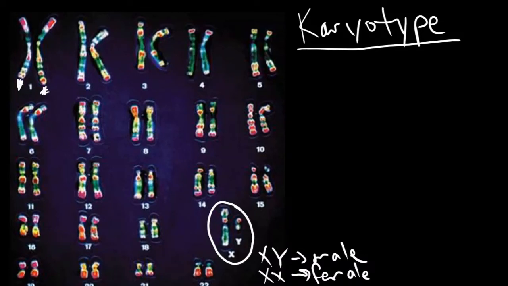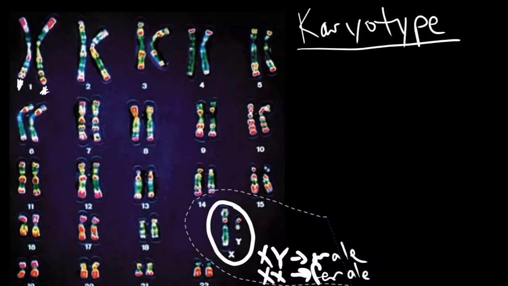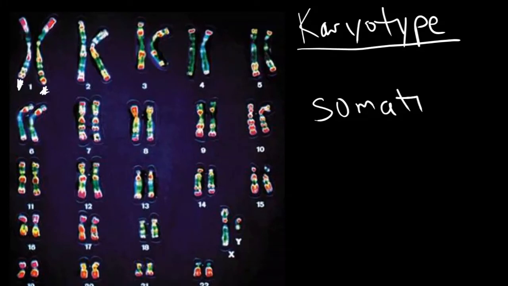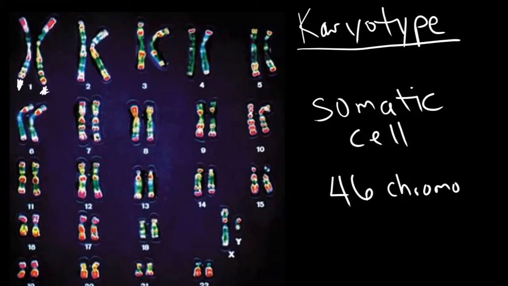So that's your 23rd pair, the sex chromosomes that determine your biological gender. But if you look, you have 23 pairs of chromosomes here in a typical human cell. This is a typical body cell, also known as a somatic cell. So there are 23 pairs, which means there are 46 chromosomes total in a human cell.